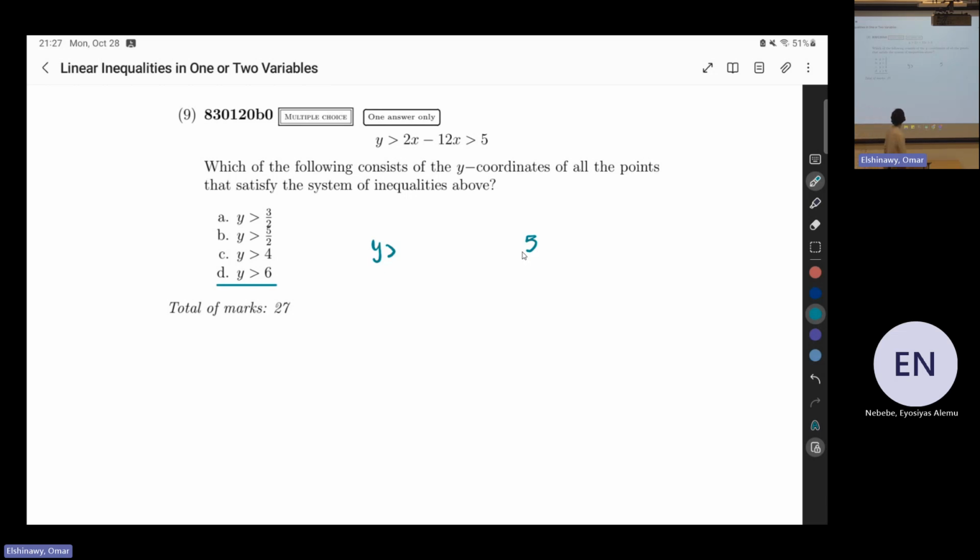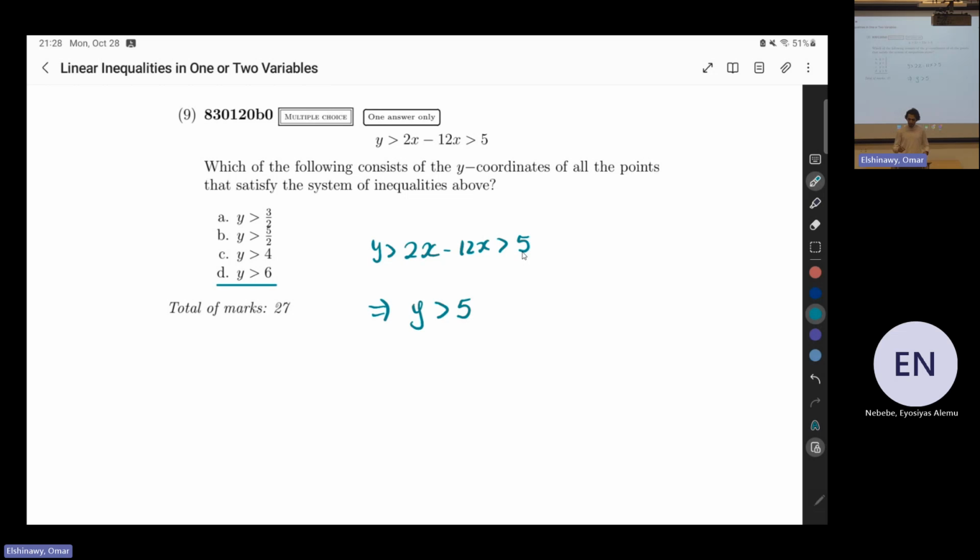Since x is greater than 5 and y is greater than x, it's more than 5. So y is greater than 2x minus 12x, and this is greater than 5. Do you agree that this would immediately imply that y would be greater than 5? Yes.